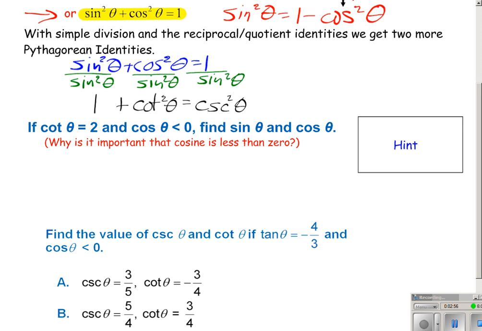So that gives us another Pythagorean identity dealing with cotangent and cosecant.